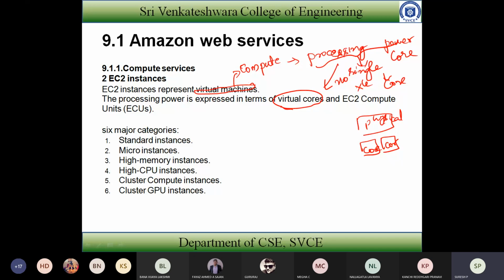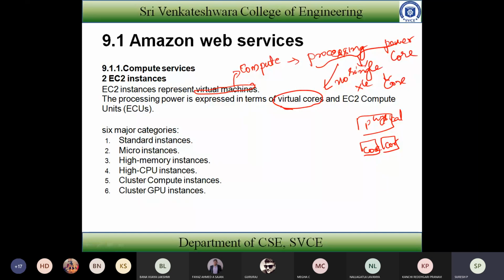So the processing power is expressed in terms of virtual cores, and your elastic compute cloud is going to be utilized or created in terms of compute units. So how many types of instances are you going to have?